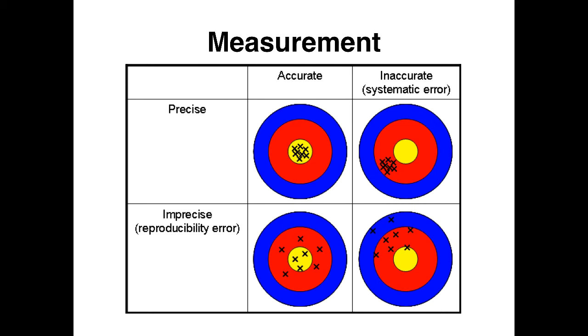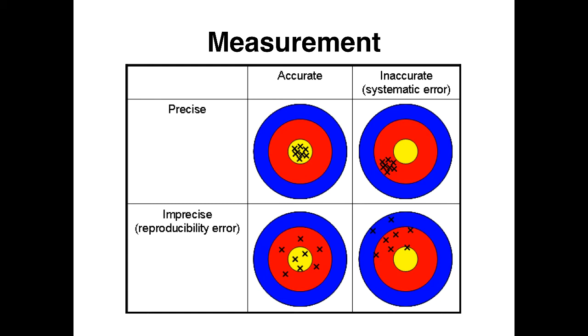Inaccurate means it's not very close to the bullseye. Precise means that the x's are close together, and imprecise means the x's are not very close together. And so the first box, which is both accurate and precise, you have x's that are very close together and also very accurate, right on the bullseye.